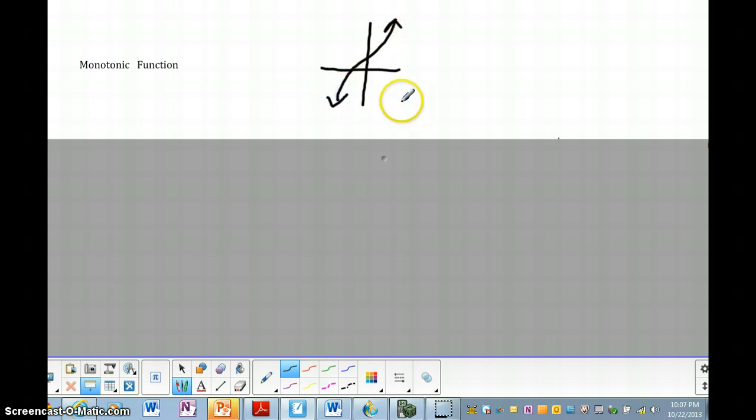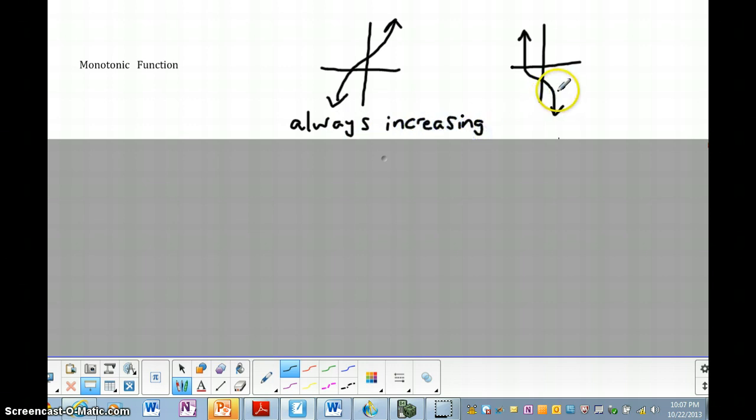That would be one example of a monotonic function. Another example, one that never increases, would be a function that always decreases. This one is always increasing, and our function here is always decreasing.